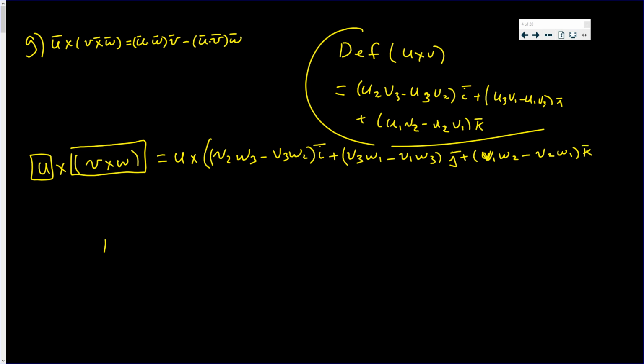Now, when it comes to V cross W, that's the first component. That's the i component. This here is the second component, and that there is the third component. So we're going to be using that a lot in the definition.